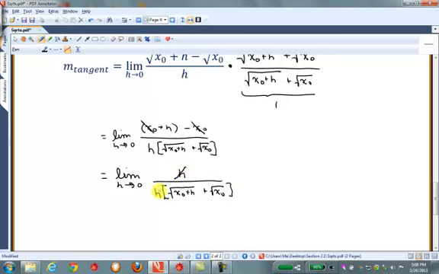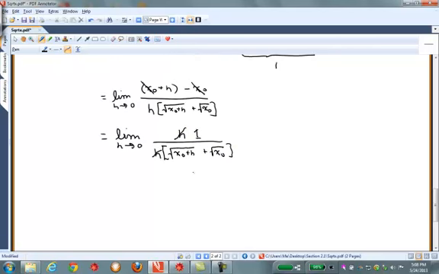The h's cancel, leaving a 1 in the numerator, and we're left now with the limit as h approaches 0 of 1 over the square root of x0 plus h plus the square root of x0.